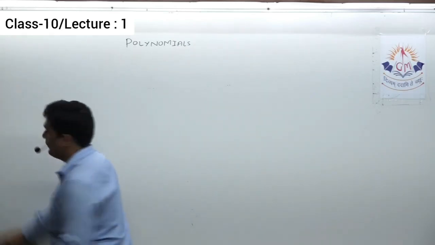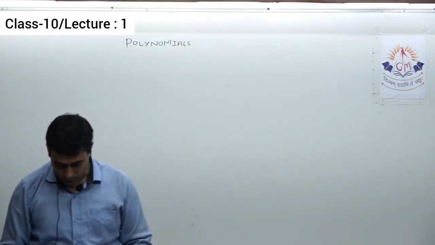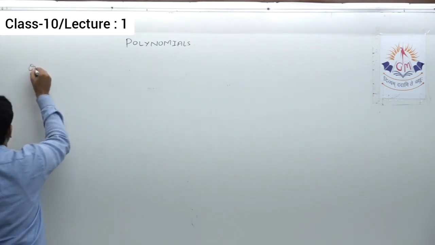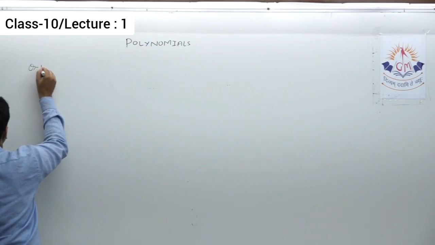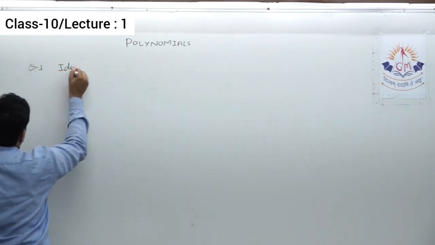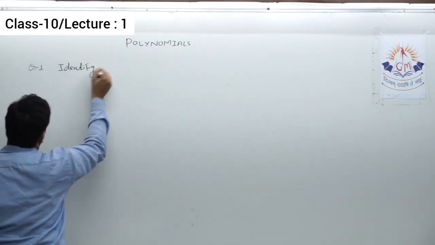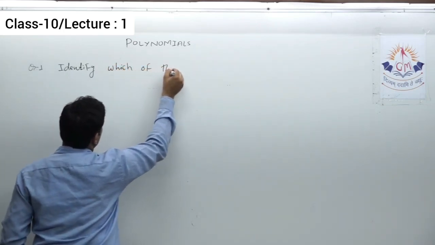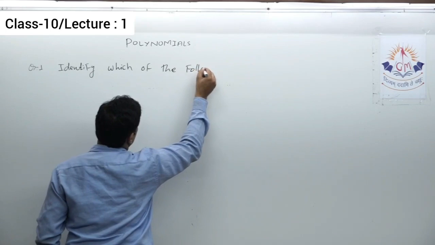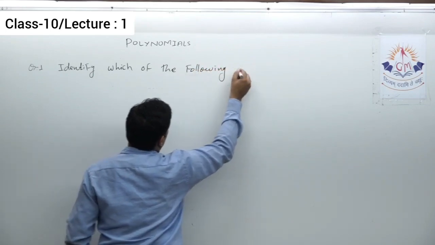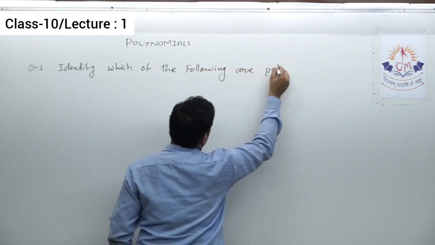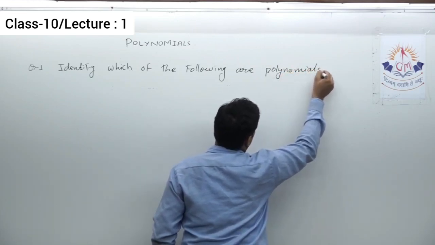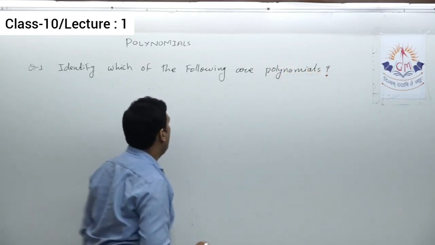So very first question, question number 1: identify which of the following are polynomials. Which of the following are polynomials, that you have to identify.